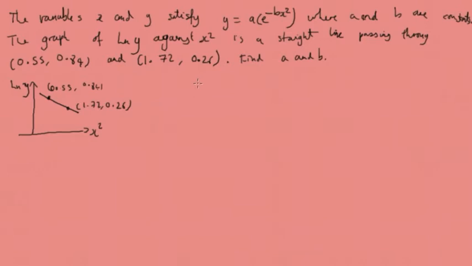So we have y equals a times e to the minus bx squared, and so we're going to take the natural log of both sides.